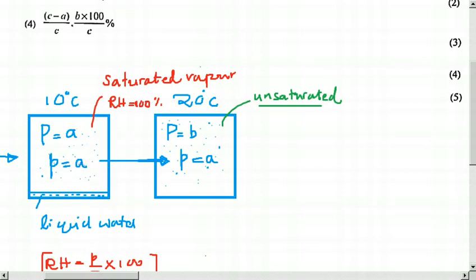So now we can write the equation for relative humidity. That is what they ask here in this room. So it is equal to small p divided by capital P times 100.